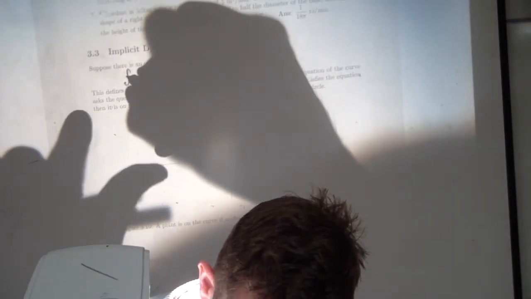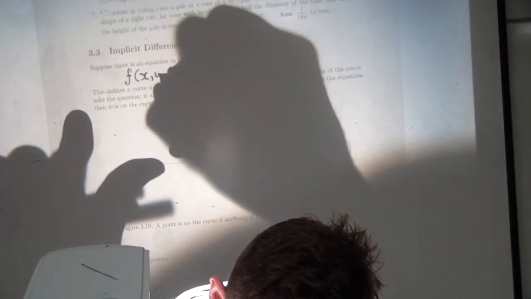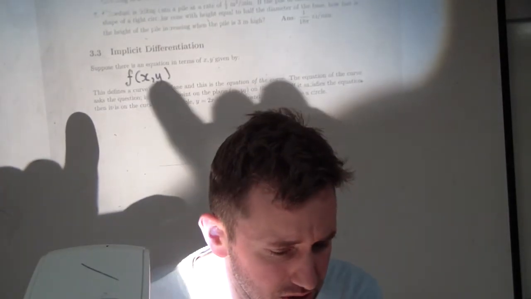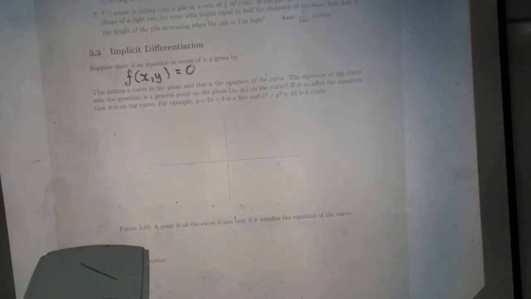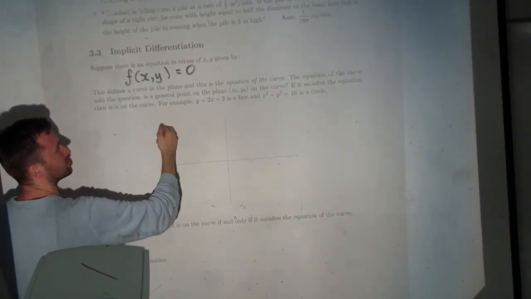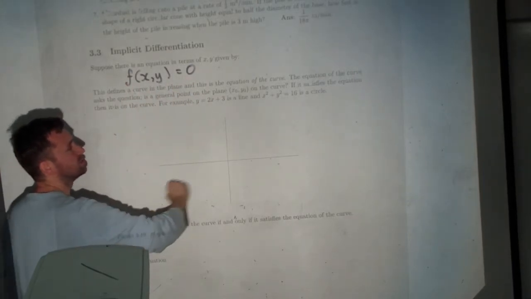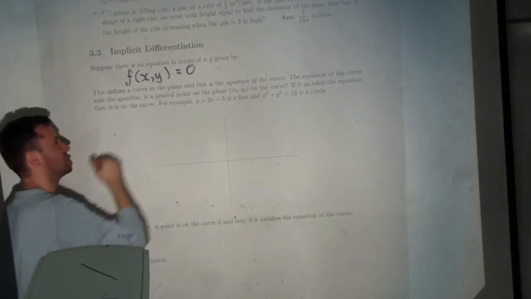So if you've got some equation, so I'll write it like this, and there are two examples down there. What this means is just some formula in x and y equals 0. So for example, take away the 2x plus 3 from both sides, and you've got y minus 2x minus 3 equal to 0. It's in that form. Or take away the 16: x squared plus y squared minus 16 equal to 0. It's in that form.